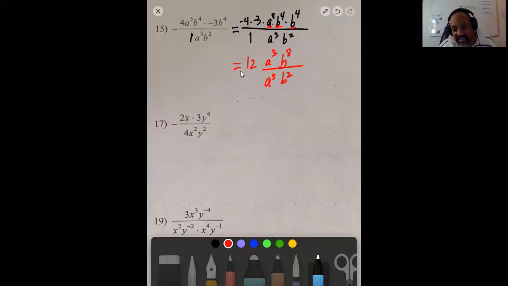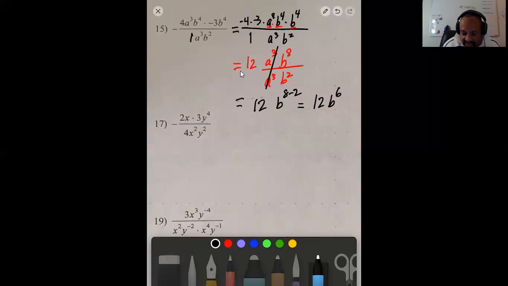Now, just like we did in the other question, since we have an a cubed on the top and an a cubed on the bottom, we can cancel those right out. Now what we've got is b to the 8th power on the top and a b squared on the bottom. So we can simplify that by going 8 minus 2, which is 6, and this will be b to the 6th.